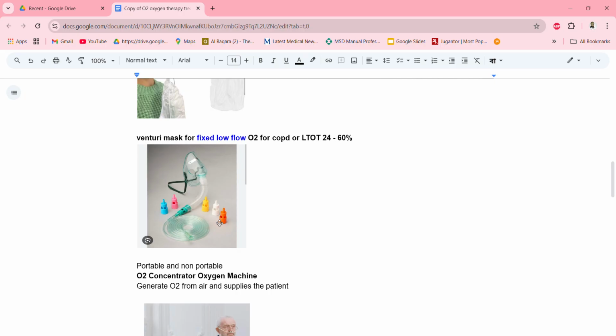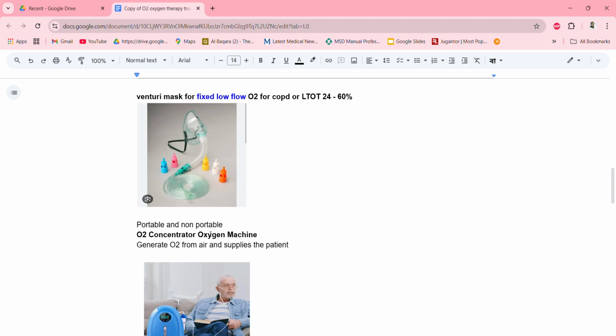Such patients should take controlled oxygen therapy. It can allow up to 60%, that means 10 liter. Some devices can give only 24%, 28%. So for fixed flow, you should use this Venturi mask. You will know it in detail.